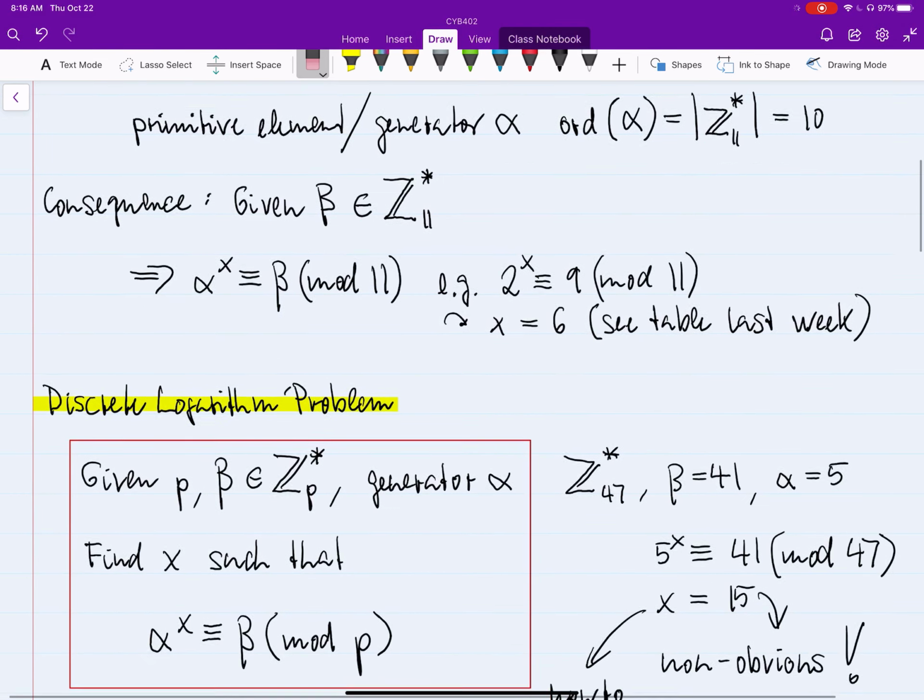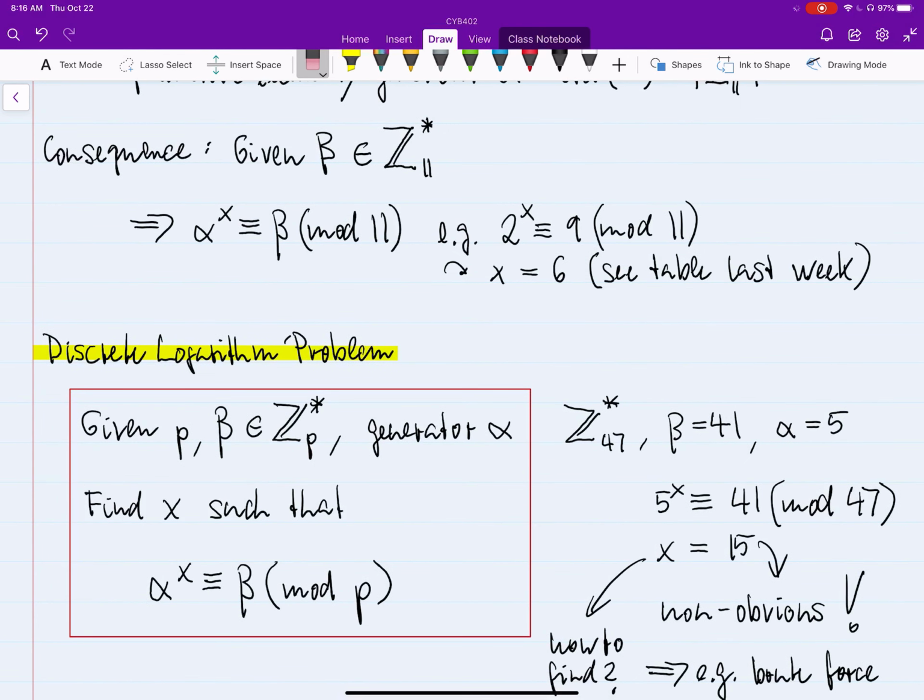So as a consequence, any element beta of a group like here, for example, Z11 star, can be expressed as an exponentiation of alpha. So in other words, as a consequence, for every beta there exists an x such that alpha to the x is congruent beta modulo whatever the p is. Here in this case it's 11.